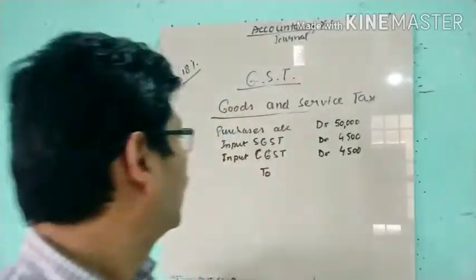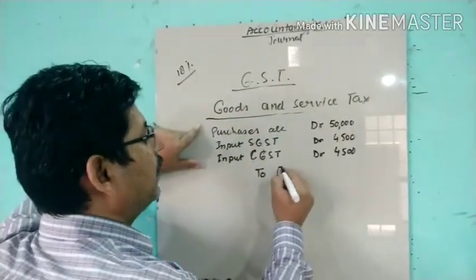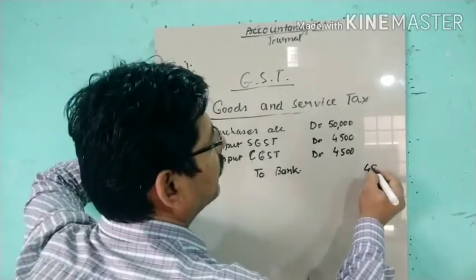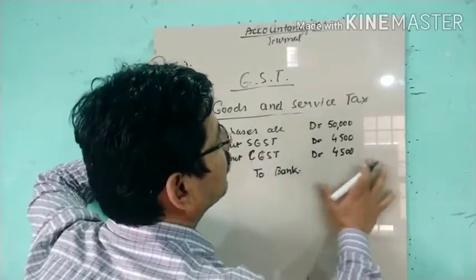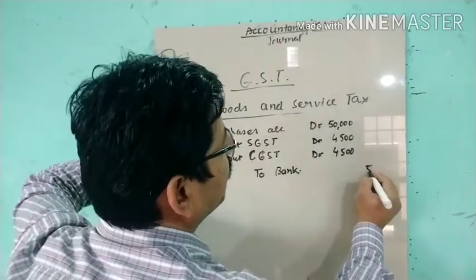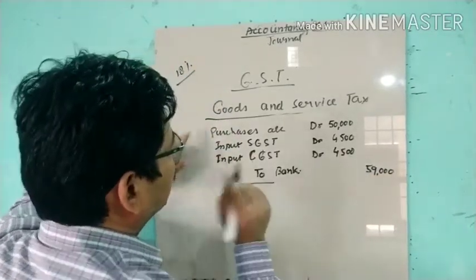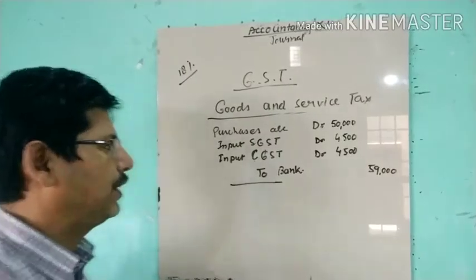Then we are paying by check. This is 59,000 we have paid, sorry, not 4,900. 59,000, okay. We are not putting narration here.